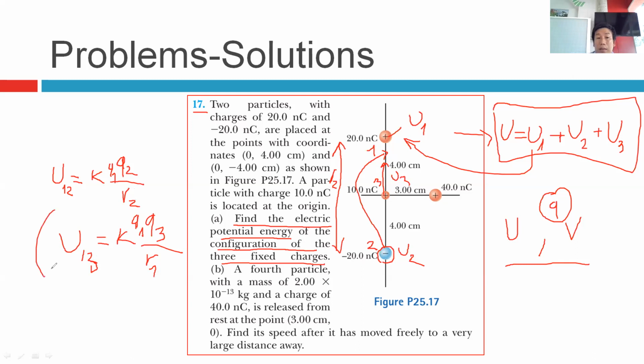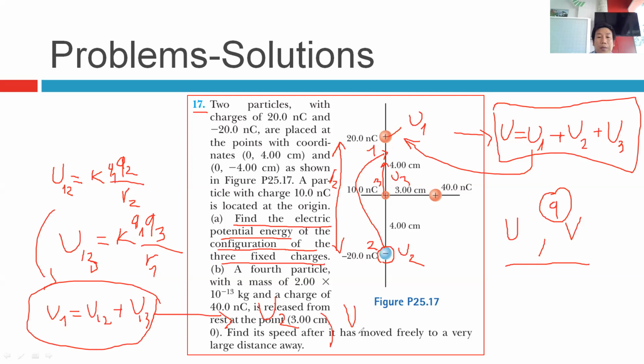So after that, you will have U1 equal to U12 plus U13. Likewise, you can calculate U2 and U3. After that, you apply U equal to U1 plus U2 plus U3. Okay, so that's the answer for question 8.